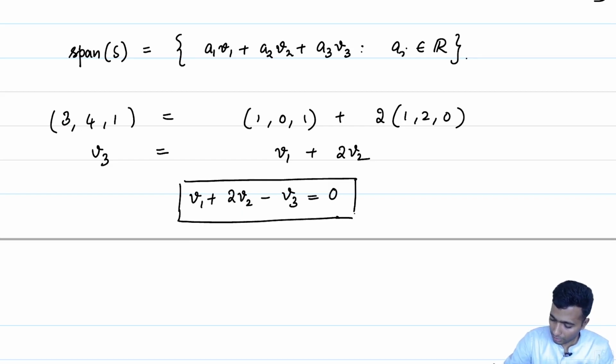So, this is exactly what our V1, V2, V3 is satisfying, and what is the implication of V1, V2, V3 satisfying such an identity?